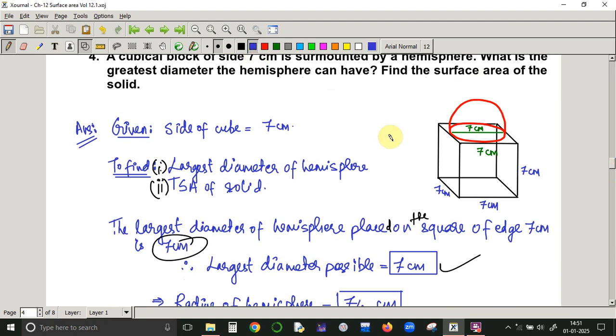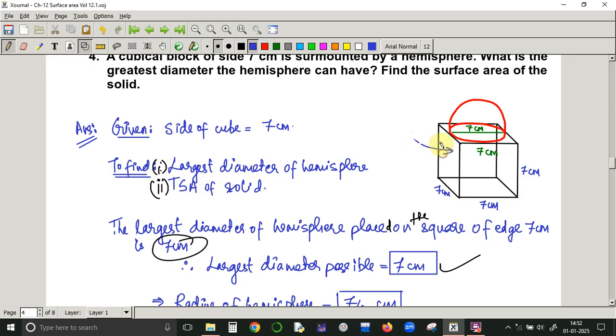Now coming to the surface area of this solid, let's look at the diagram. The surfaces available to touch are going to comprise its total surface area.